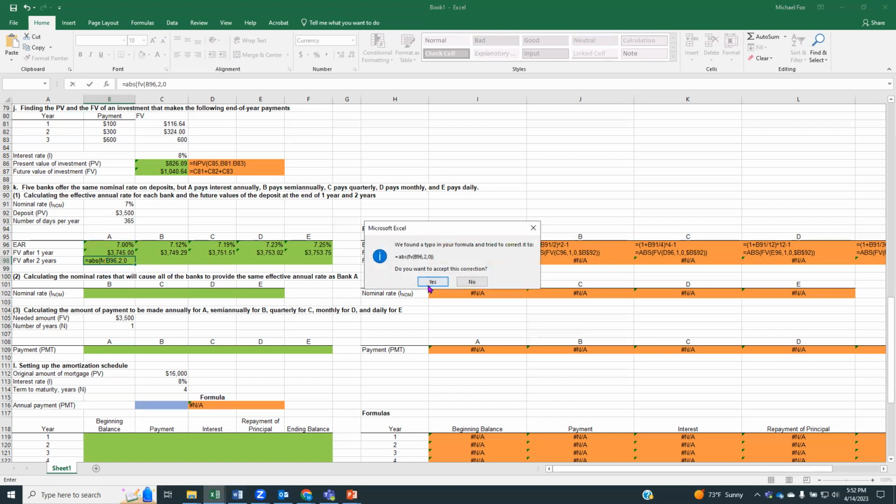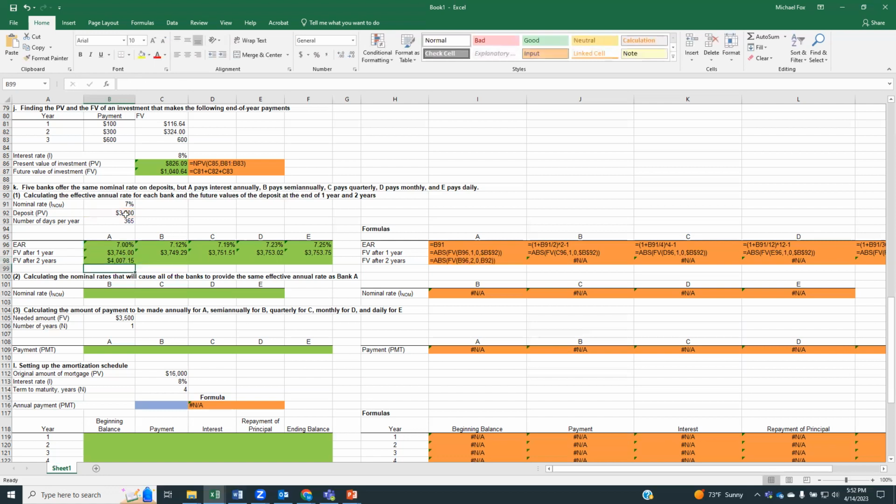Whoops, I didn't put a comma. Present value 3,500. Now we should be able to. Oh no, we have to tell it to stay on that same present value. So we'll lock in cell B92. And now we should be able to use our fill tool.